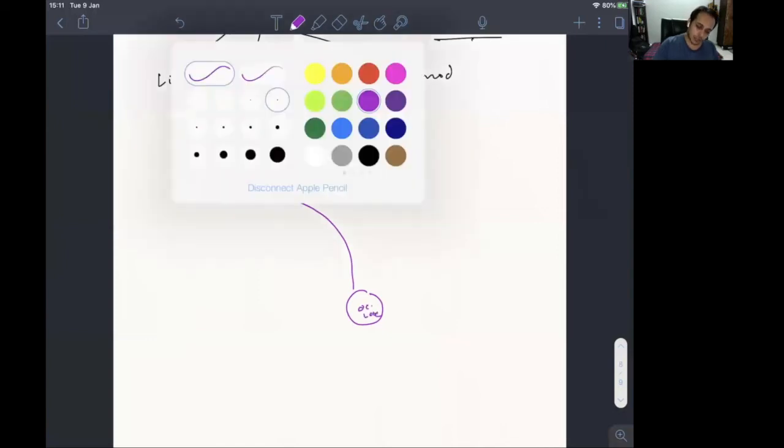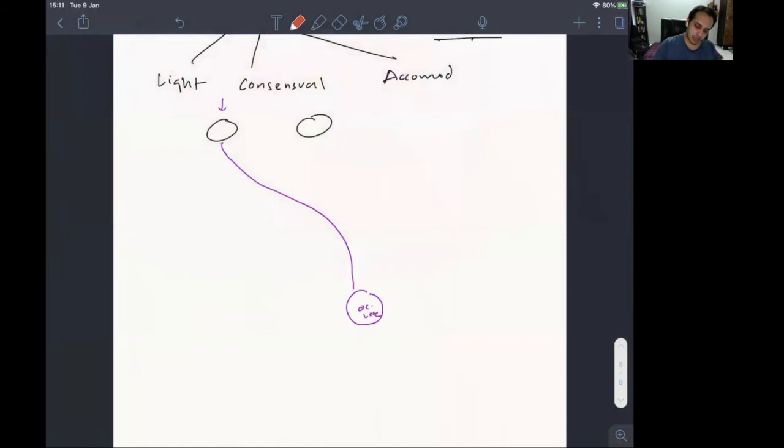But along with this, there is another tract that goes with the optic nerve and enters your midbrain. And it goes on to both sides. And this carries the information of whether there is light or not.